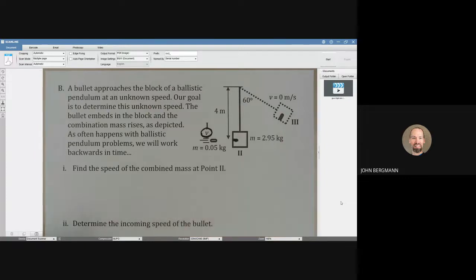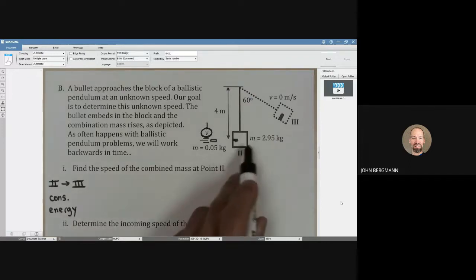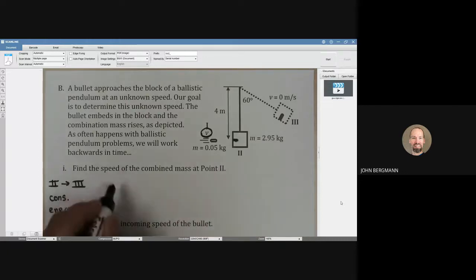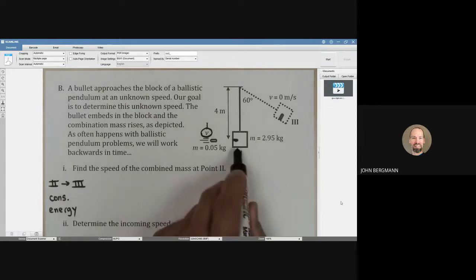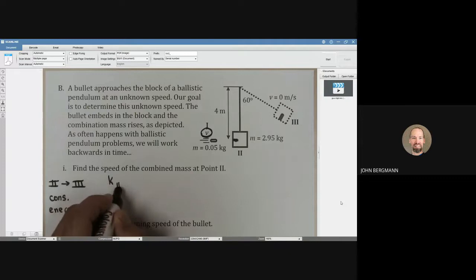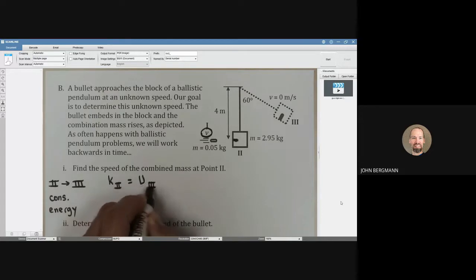Between point 2 and point 3, we're going to conserve mechanical energy. This mass is going to have kinetic energy, so the kinetic energy at point 2 is going to equal the gravitational potential energy at point 3.